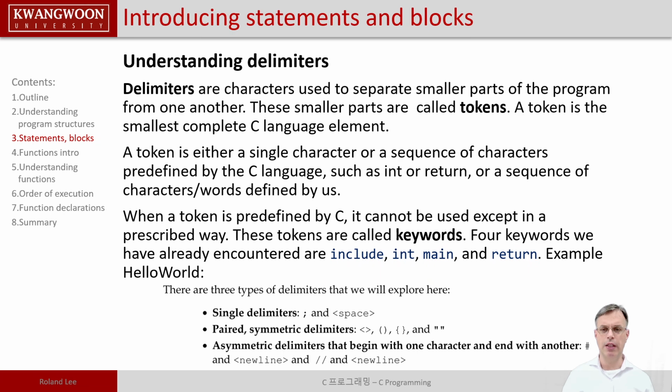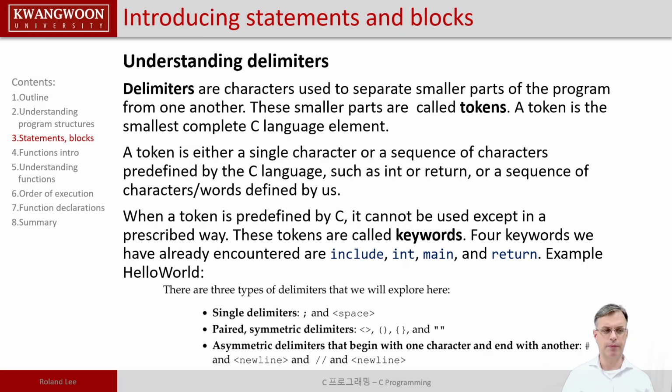When a token is predefined by C, it cannot be used except in a prescribed way. So the way of the use is previously decided, determined. Those tokens are called keywords.